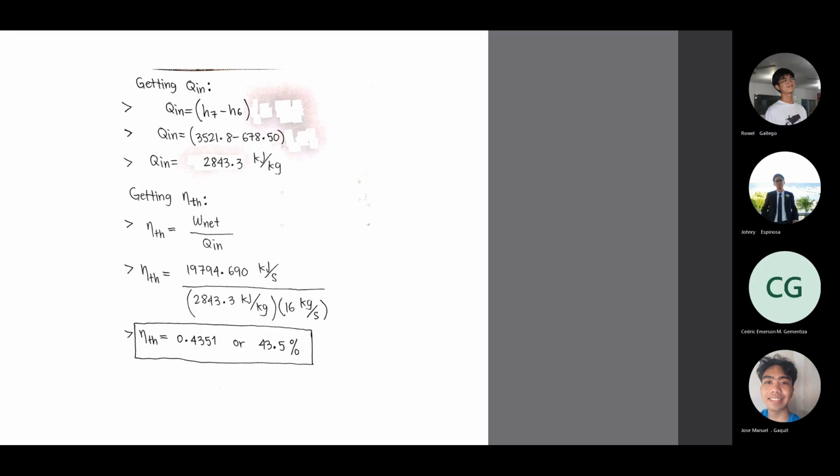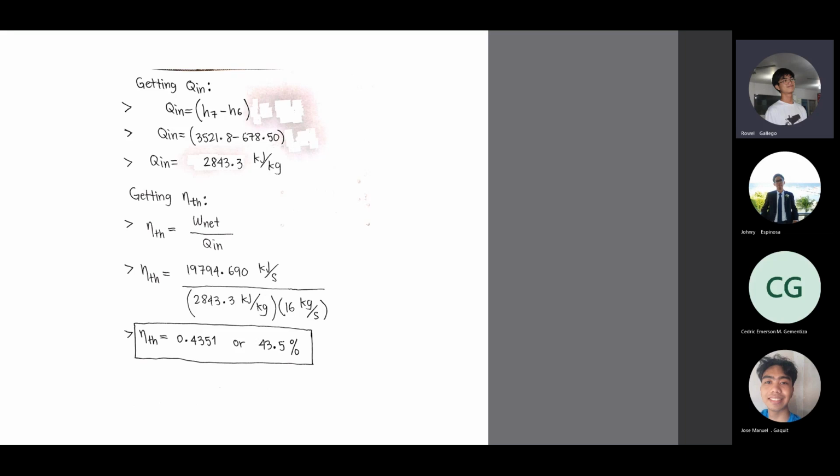Now, M6 is equal to M7, and the mass flow rate is only M, because there are no fractions at this point of the analysis. Now, dividing the expression by M, we'll get the energy input is equal to the quantity H7 minus H6.